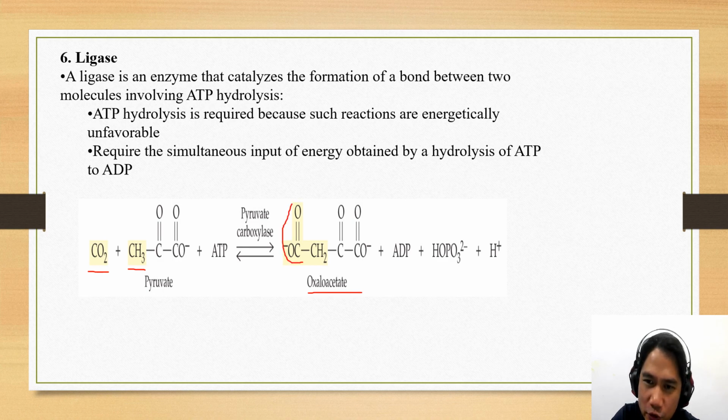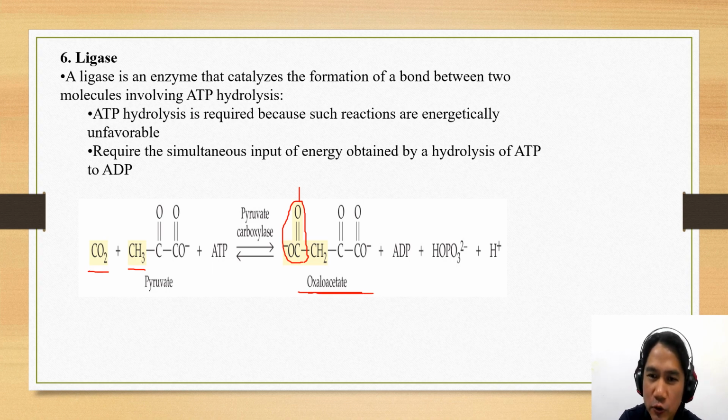This portion here is the carbon dioxide molecule, but we don't recognize it as carbon dioxide because it is now part of the molecule. If it is free CO2, then that's carbon dioxide, but here the whole molecule is called oxaloacetate.